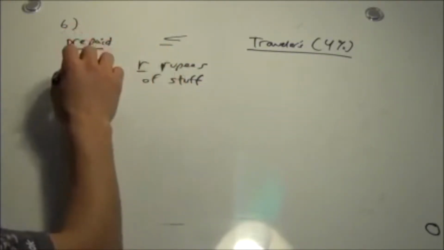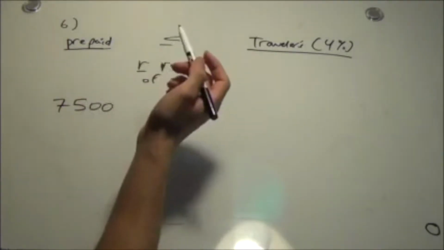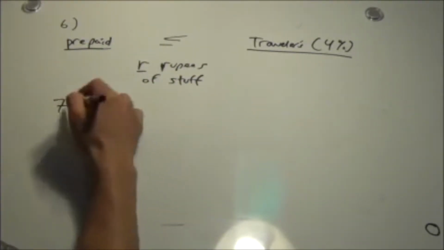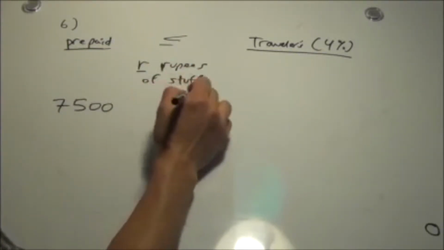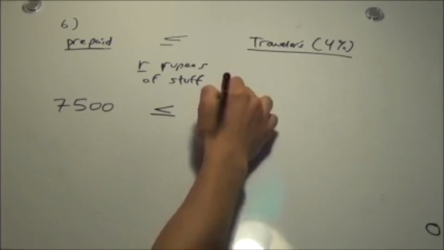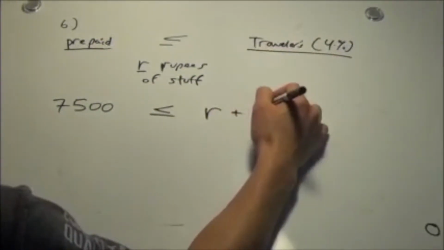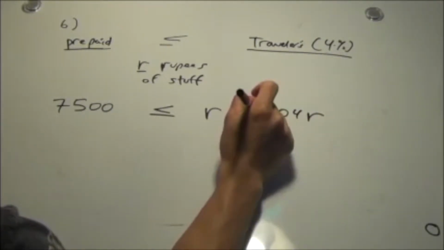How much does she spend on the prepaid side? Well, it's still 7,500 rupees, because it's a prepaid card and you pay that amount no matter how much you actually spend. On the traveler side, however, she spends R rupees plus that 4% that the bank charges, right?